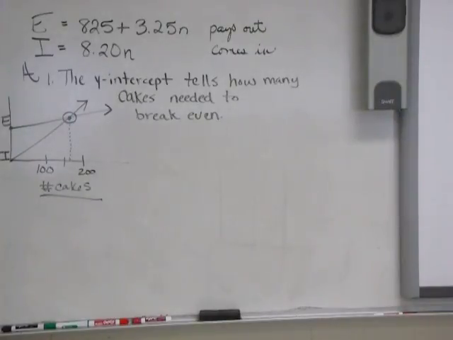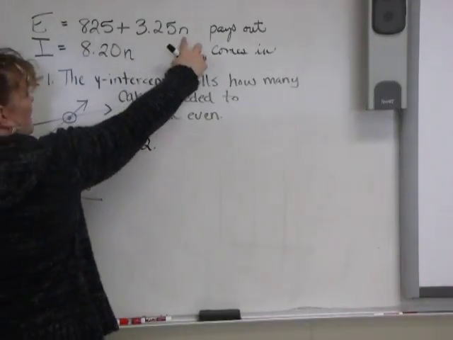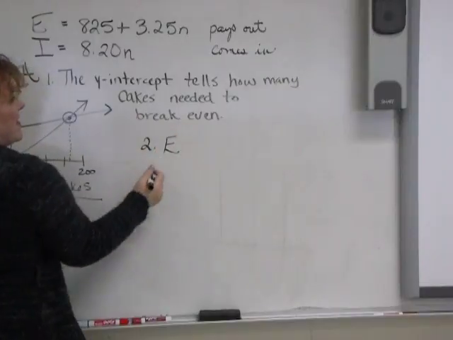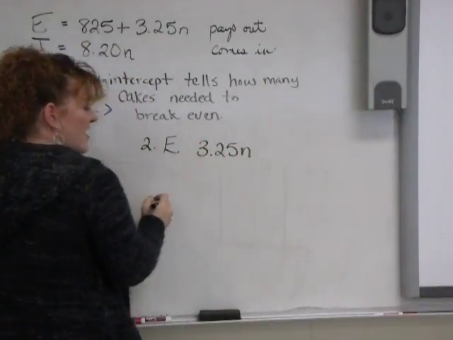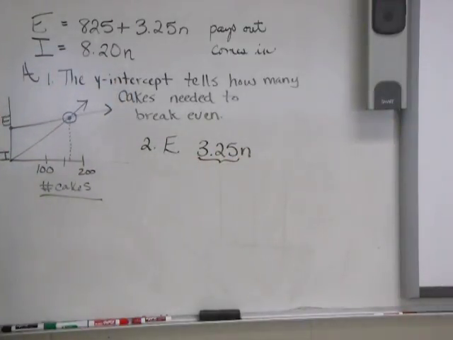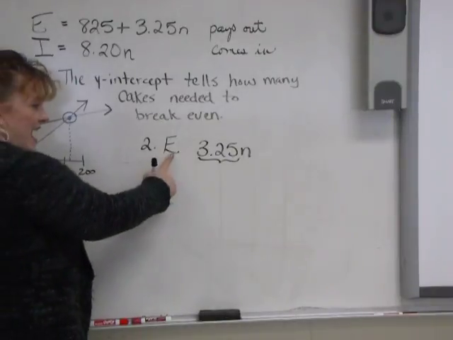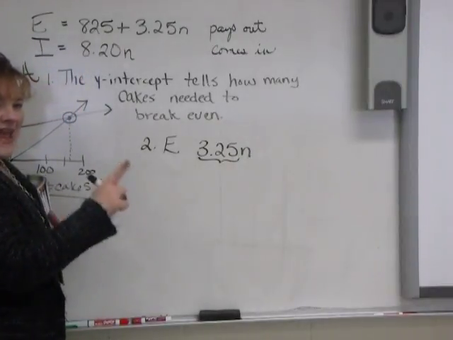Now, number 2 asks, what do the coefficients of N represent? When we're looking at the coefficient of N in expenses, our coefficient is $3.25. Remember, the coefficient is the number that's in front of your variable. If this is money we're paying out, and this means cakes, that's how much money it takes to make one cake.